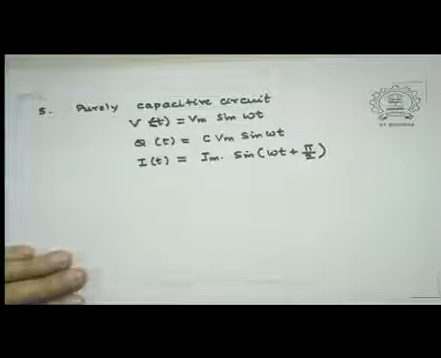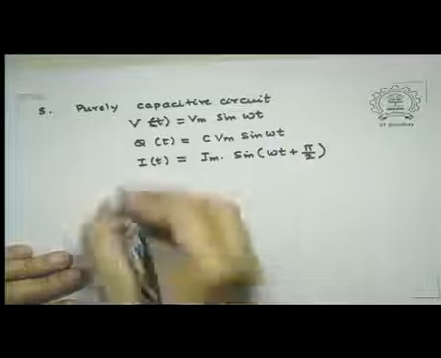That is, the current leads the voltage by pi by 2.